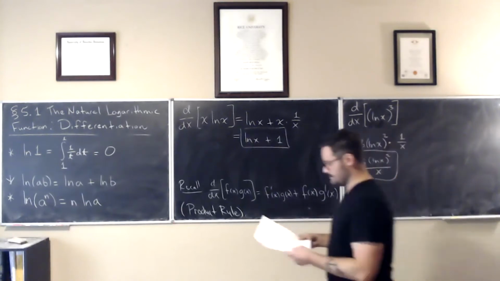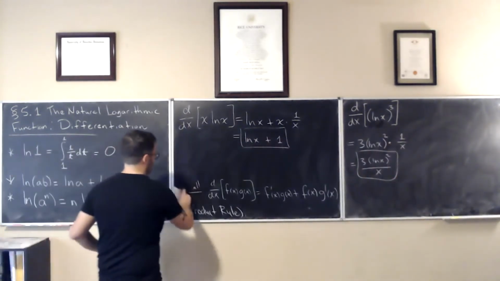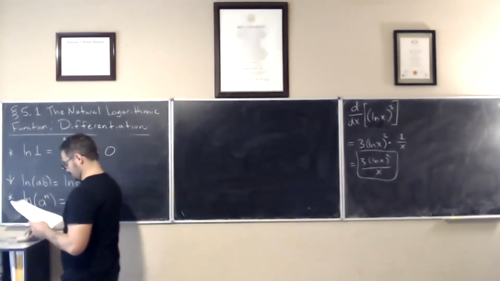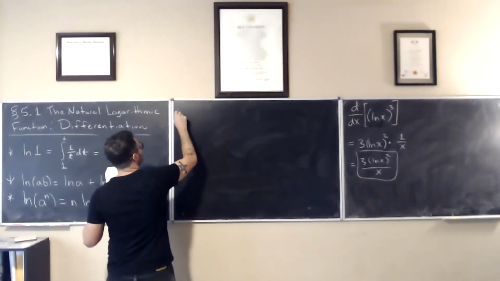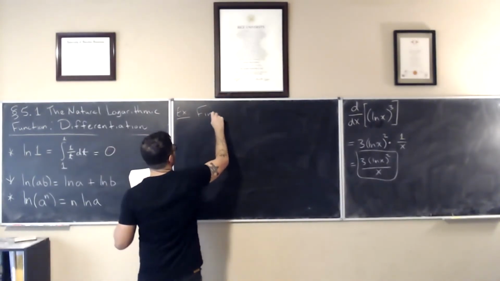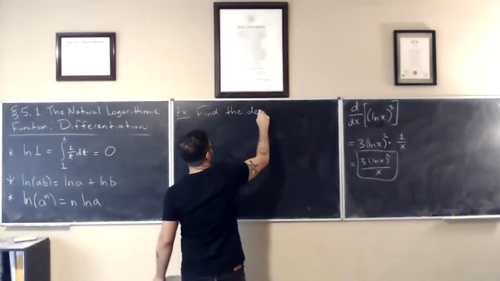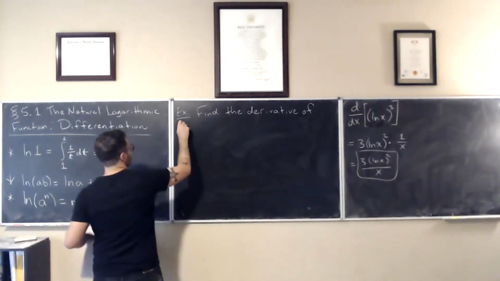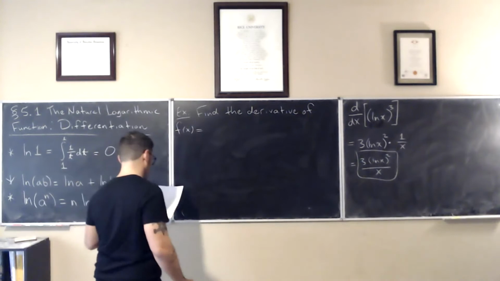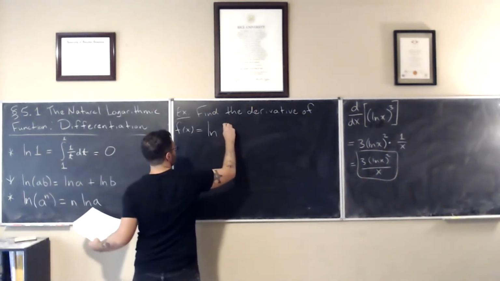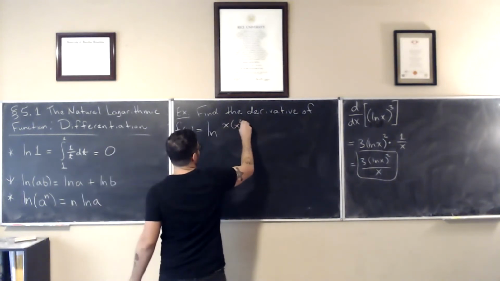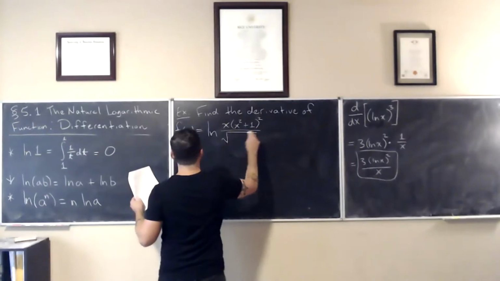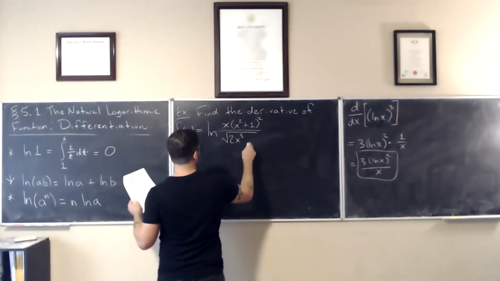So how can these rules be useful? Another example: find the derivative of the function f of x equals the natural log of x times x squared plus 1 all squared, all over the square root of 2x cubed minus 1.